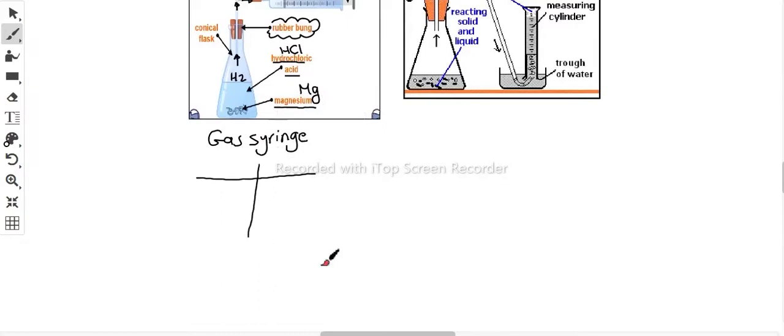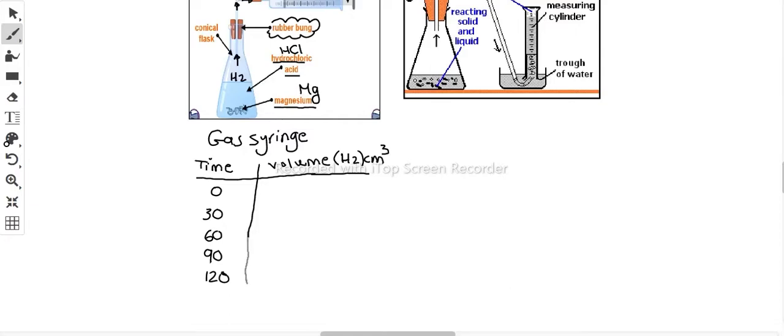If I'm going to talk a little bit about the data collection here, what data are you going to have? Firstly, you need a stopwatch, so I have a time, and I will be taking the volume of hydrogen gas, so the volume readings, in cubic centimeters. You will start from 0 and maybe each specific period of time, let's say 30, 60, 90, and 120. So you will have your stopwatch beside you and start taking the volume readings.